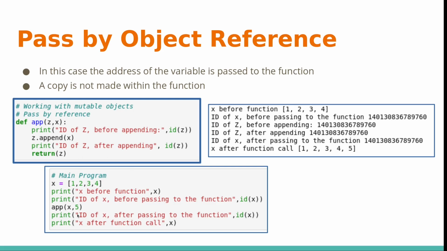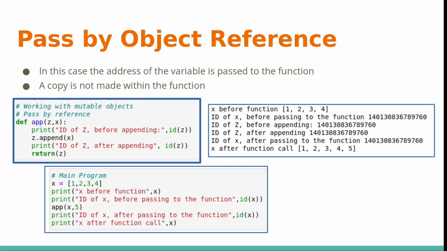And when it comes out of the main program, x also has the same address. So here, what is happening is the function passes this list x to z of the function. And what it's saying is, here's the address. If you want to change it, go change it. That's the difference between passing by reference and passing by value.